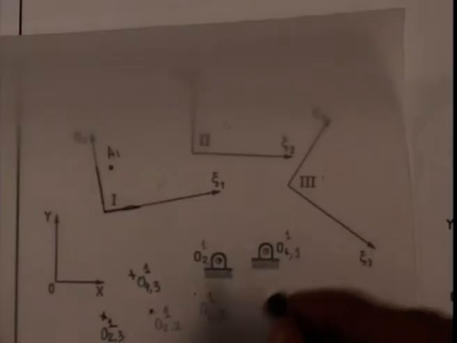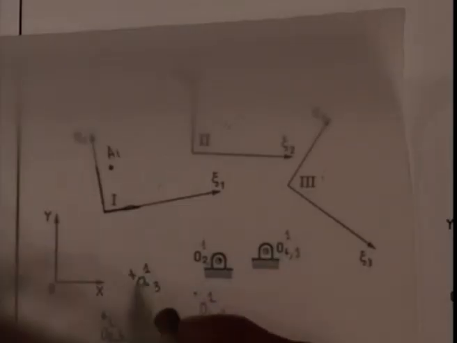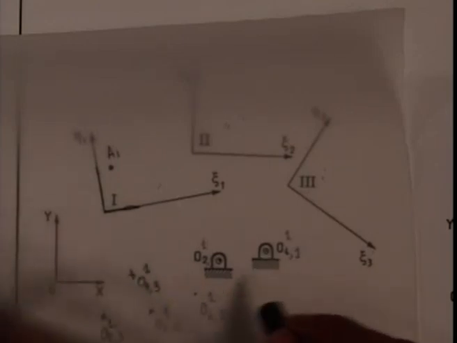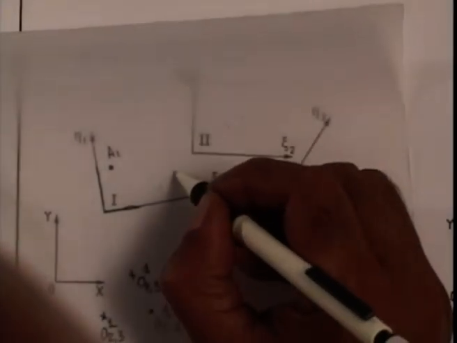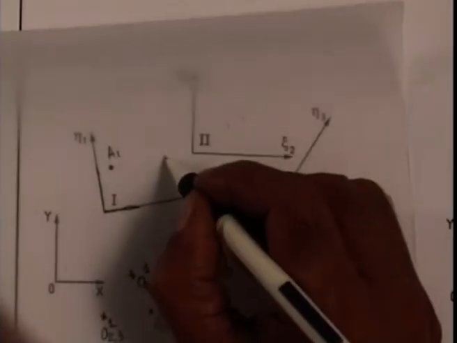Similarly, the center of the circle passing through O411, O421 and O431, the center of that circle will be, say, here, and that will be B1.